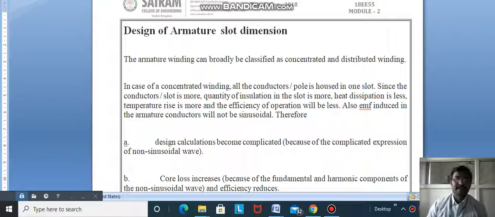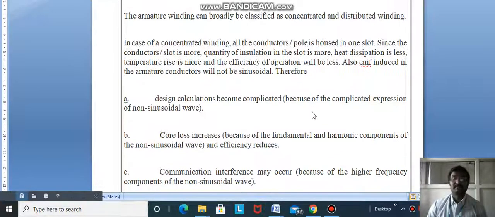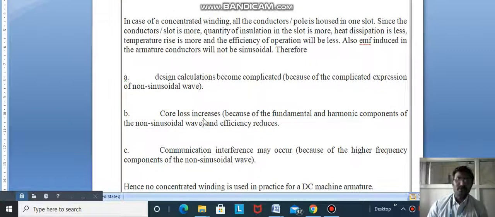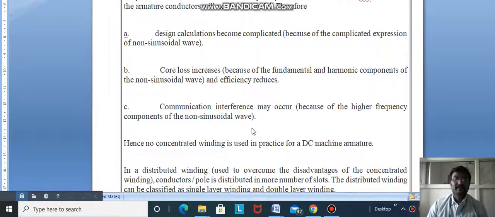Design calculations become complicated when we go for concentrated winding, because of the complicated expressions of the non-sinusoidal wave. Core loss increases because of the fundamental and harmonic components of the non-sinusoidal wave, and efficiency reduces.